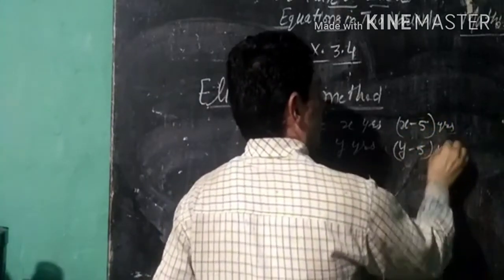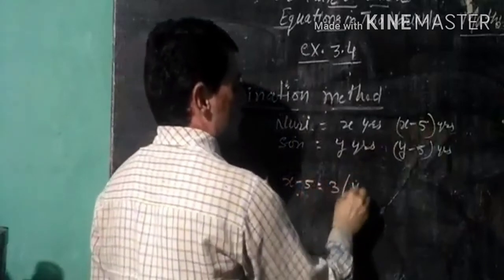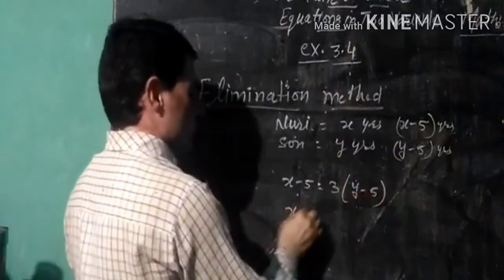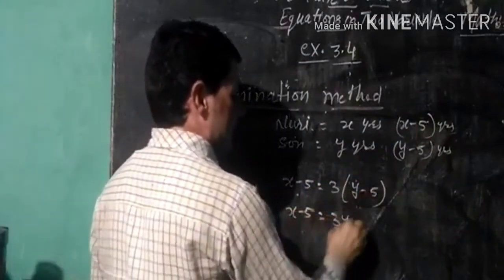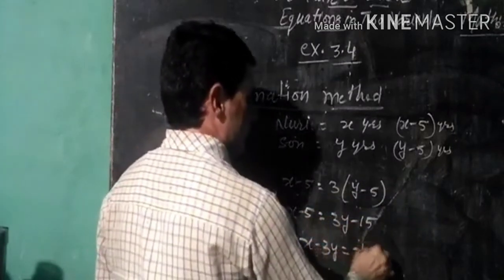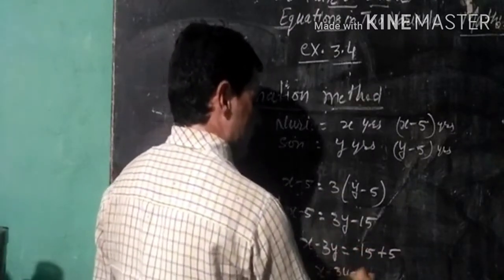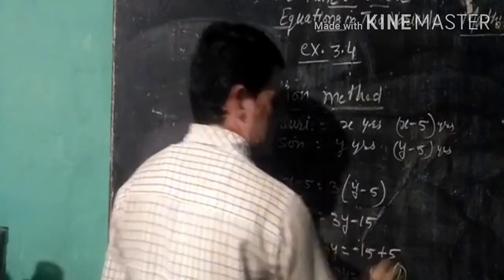What was the condition? 5 years ago Nori was thrice as old as Sonu. So x minus 5 is equal to 3y minus 15. So x minus 3y is equal to minus 15 plus 5. x minus 3y is equal to minus 10. That will become the first condition.